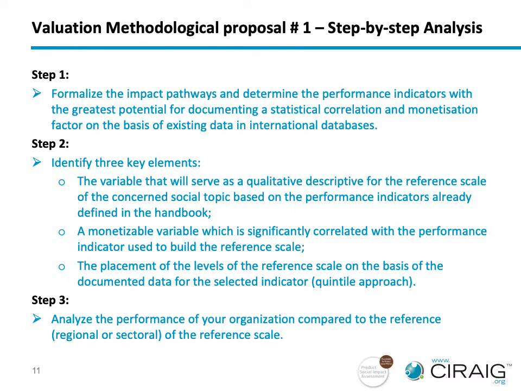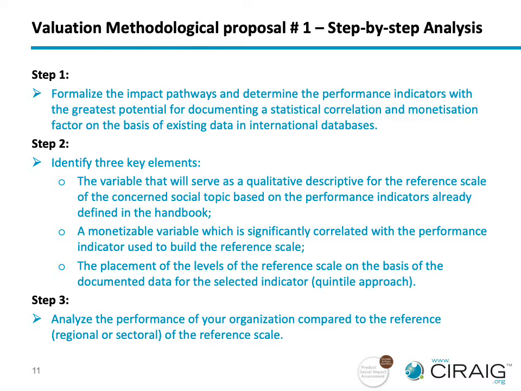Let's generally go over each of the steps and sub-steps of the first method proposed. First, we have to formalize the impact pathway and determine the performance indicator with the greatest potential for documenting a statistical correlation and monetization factor on the basis of existing data in international databases.